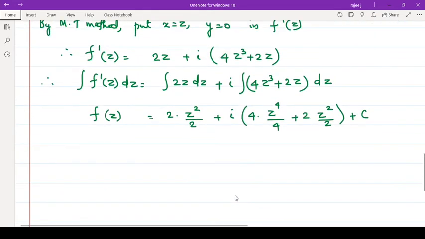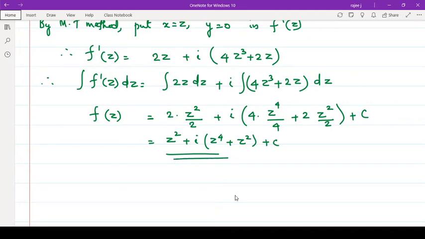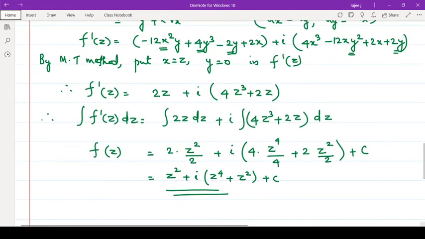So that is equal to z square, the 2 cancels, plus i into z raised to 4, the 4 cancels, plus z square plus c. So this will be our f of z, the required analytic function. Hope you understood that.